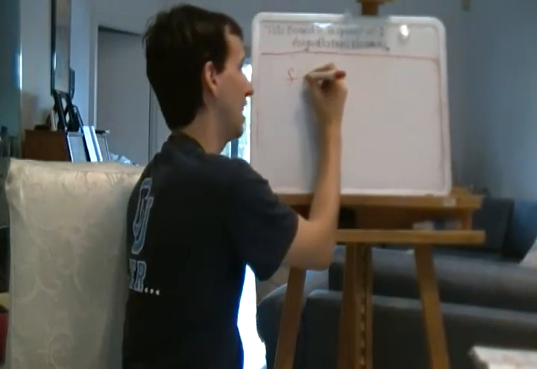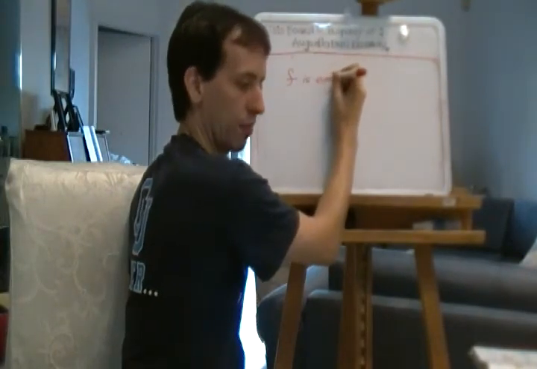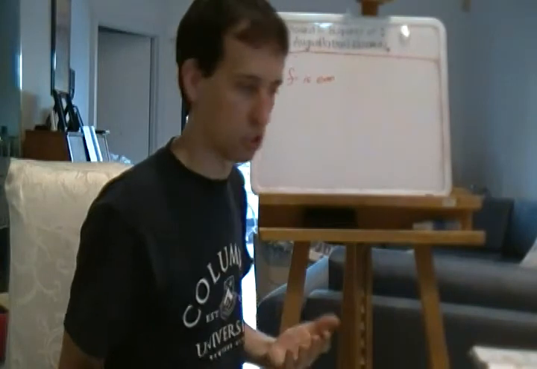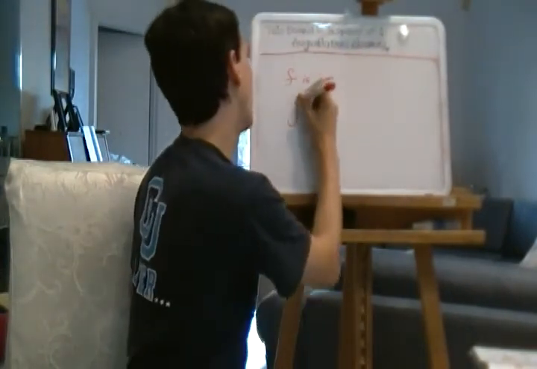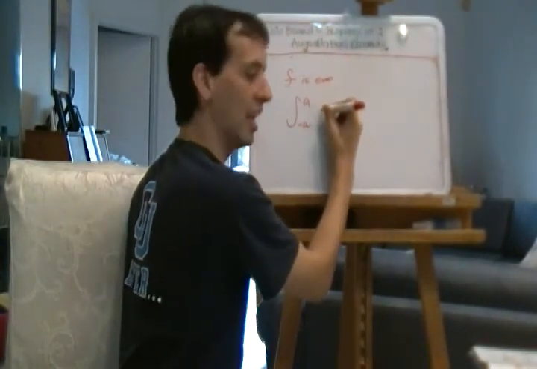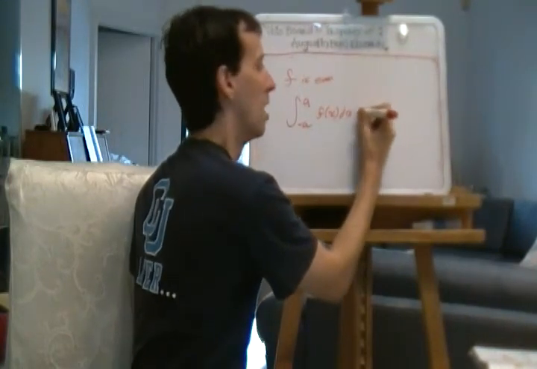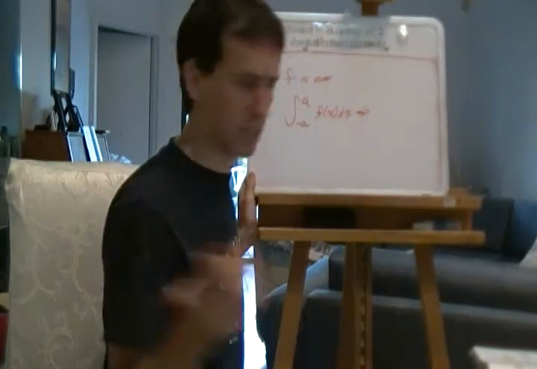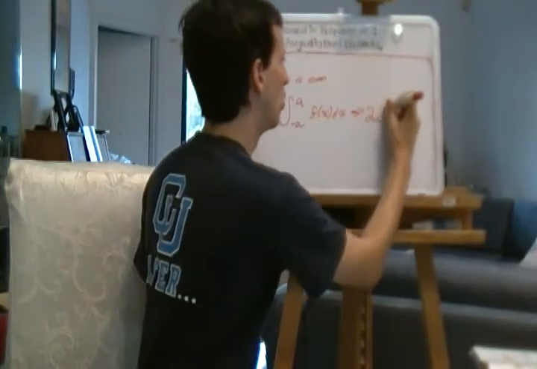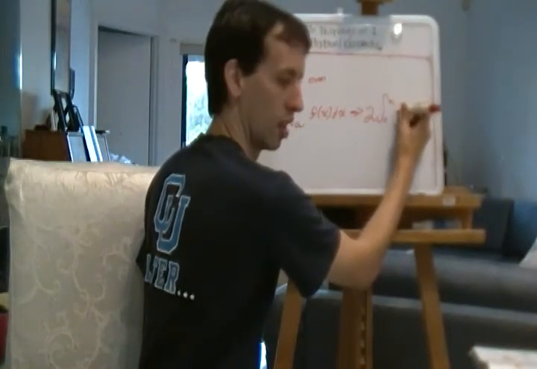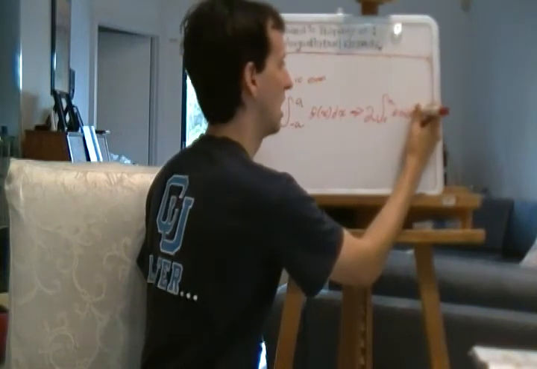If f is even, an even function, then the integral from negative a to a of f of x dx is the exact same thing, and this makes intuitive sense, as 2 times the integral from 0 to a of f of x dx.